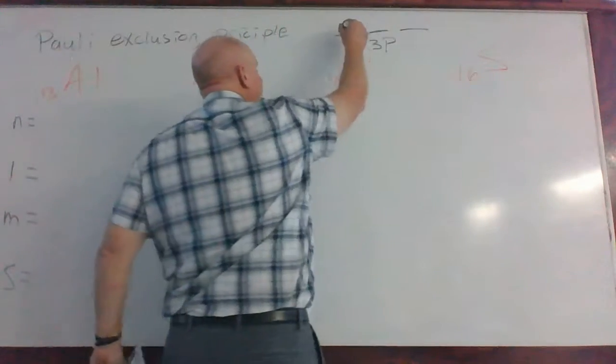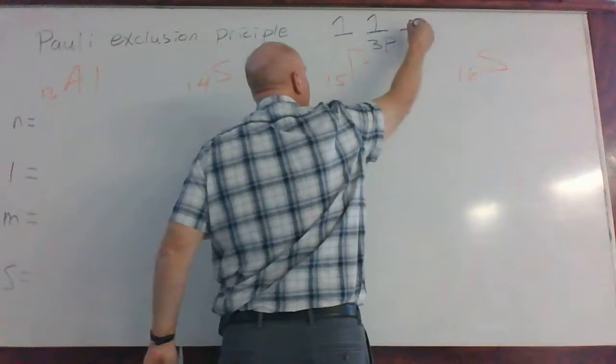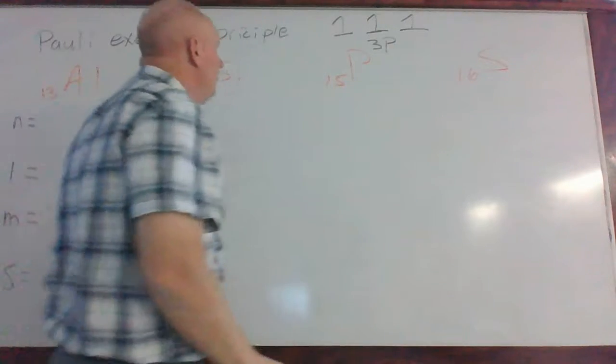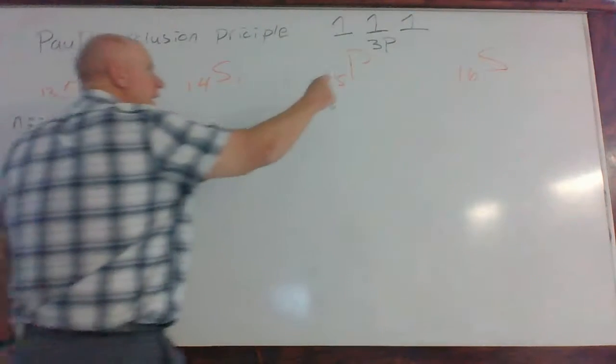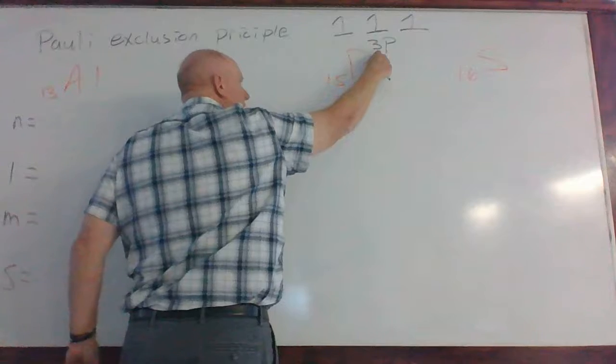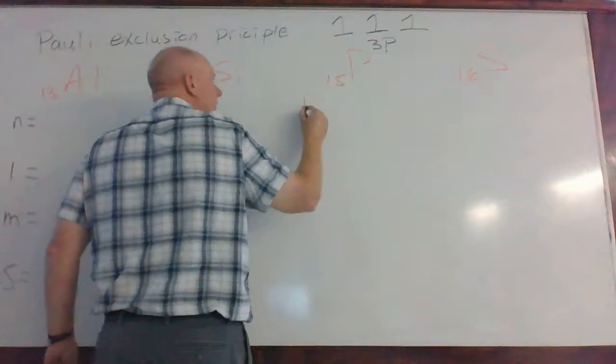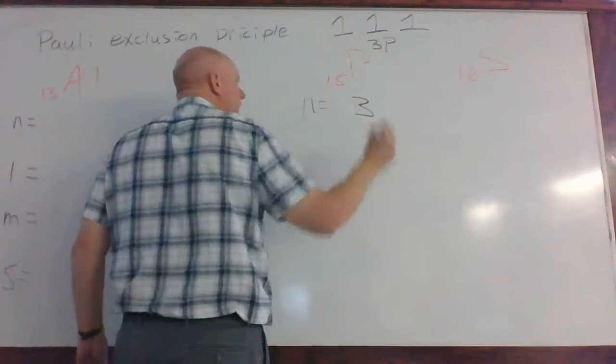One at a time. Up, up, and up. So there should be 2 of the quantum numbers we know right away. Since it's in the 3rd energy level, which variable is that? N equals 3.